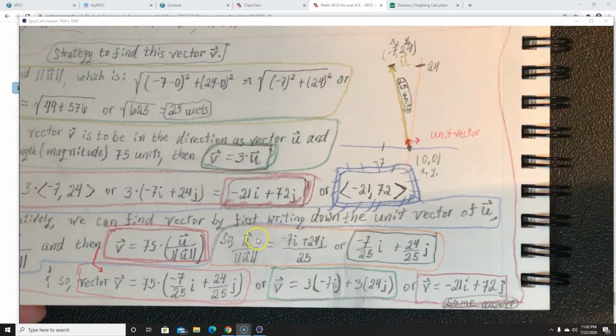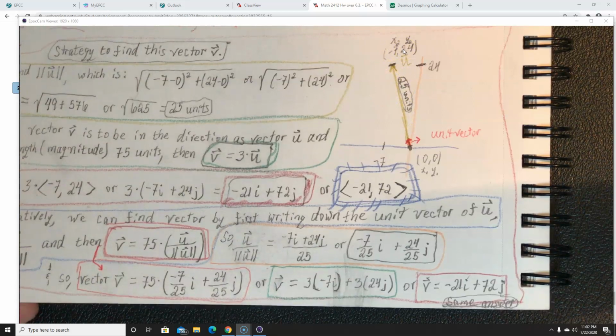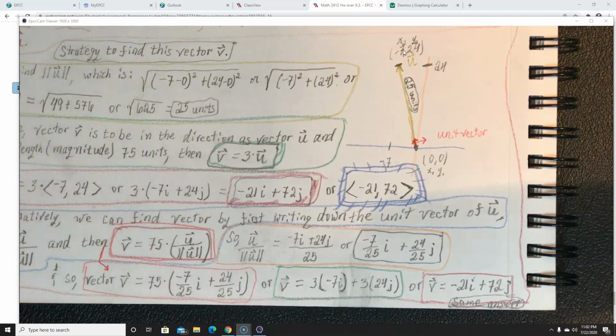So class, let's get this unit vector from vector u. To do that, you just write down vector u either in component form or as a linear combination of i's and j's, your choice, and divide it by its magnitude, which is 25. If you divide this into 25 equal parts, then we want the first one. So you just take this vector, negative 7, comma 24, and then divide it by 25.